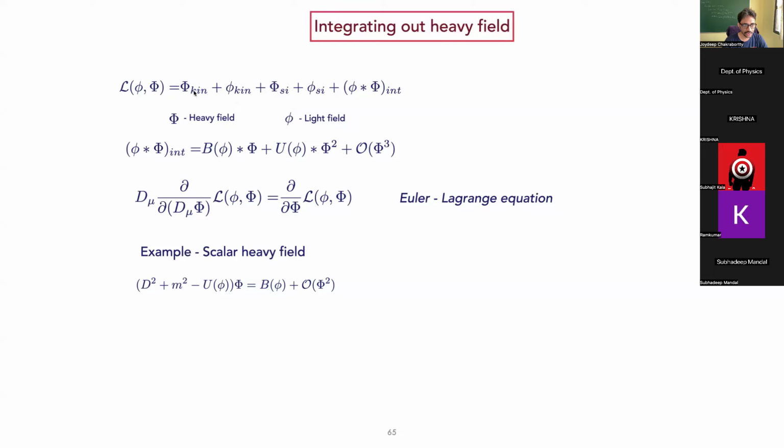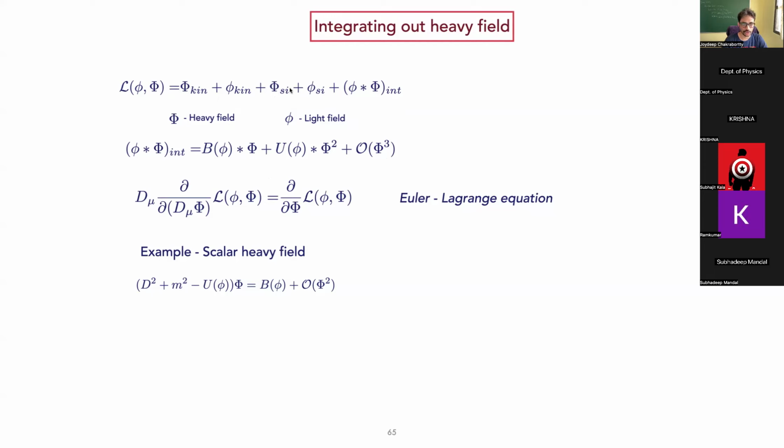For example, here capital Phi is the UV field, and it has a self-interaction, and the mutual interaction part is this one. This mutual interaction part you can think of as a polynomial in the heavy field. For example, it can be linear, then quadratic, and then a trilinear term could be there. As we expect to start with a renormalizable UV Lagrangian, up to dimension 4 operators, it cannot contain more than that.